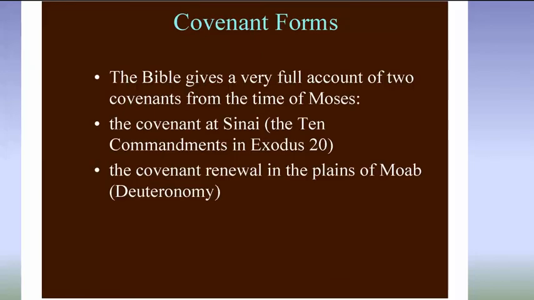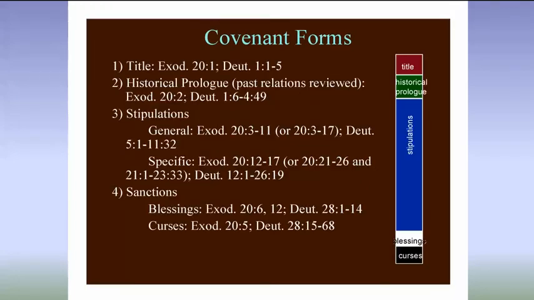So we continue our study of covenant forms, and now we're looking at covenant forms that come from the time of Moses. So far so good. Examples from Moses would be the 10 Commandments in Exodus 20 and the structure of the book of Deuteronomy. And as we did before with the patriarchal forms, we see a certain shape taking structure in the covenant forms that come from the biblical text of the Pentateuch.